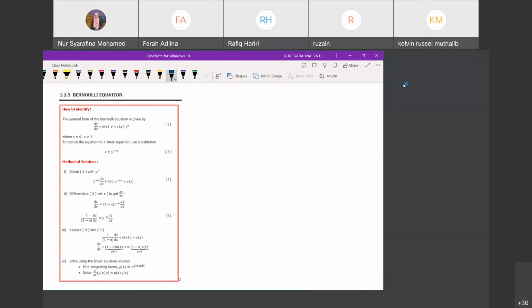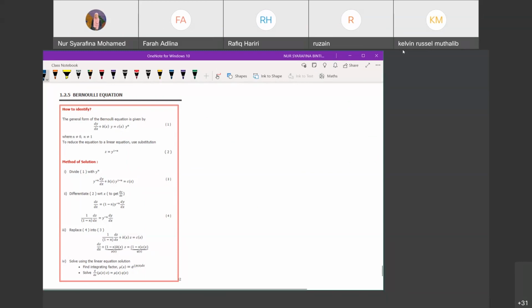Okay, so first, for the Bernoulli equation, this is another type of first order ordinary differential equation. This is our last type for this chapter before we proceed with the application. So the general form is given by dy/dx + b(x)y = c(x)y^n.